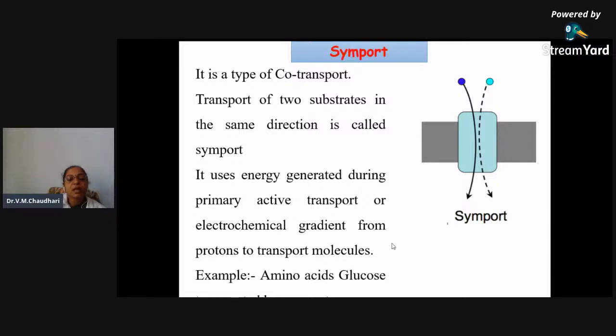Just as we have seen, the sodium glucose Symport is the simultaneous passage of sodium and glucose inside the cell. For example, amino acid and glucose are transported by the Symporter mechanism.